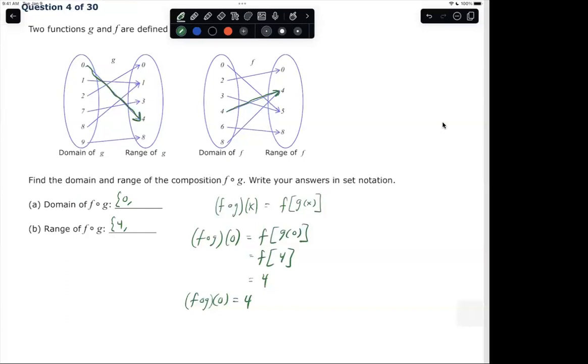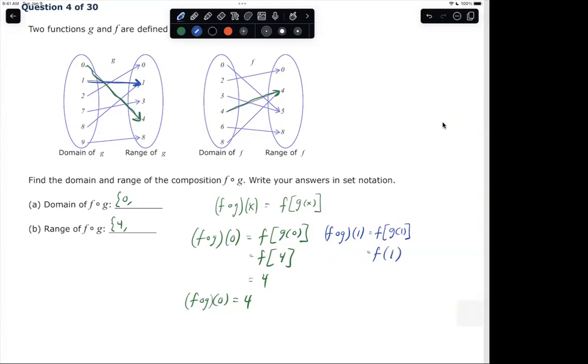Let's try another one. Let me switch colors here. F of g of 1. So that can be written as f of g of 1. What is g of 1? G of 1 is 1. We can see that right there. So this then becomes f of 1.